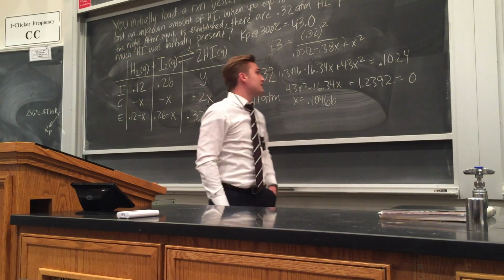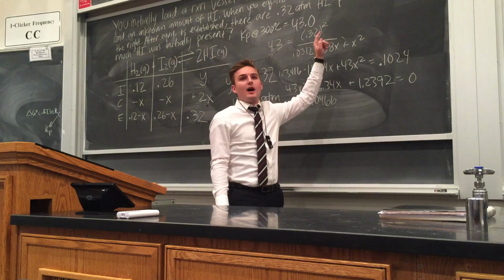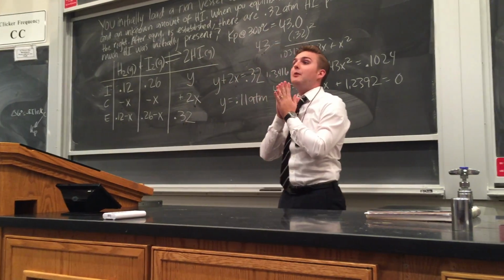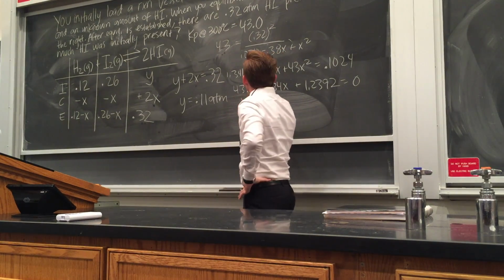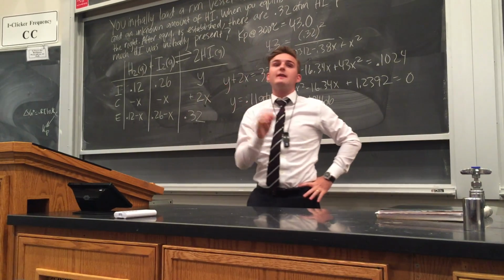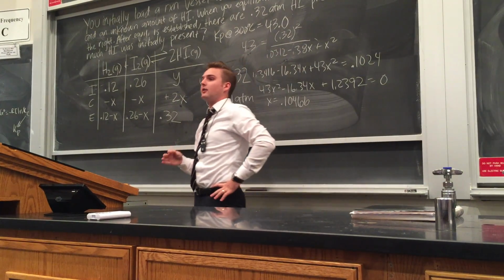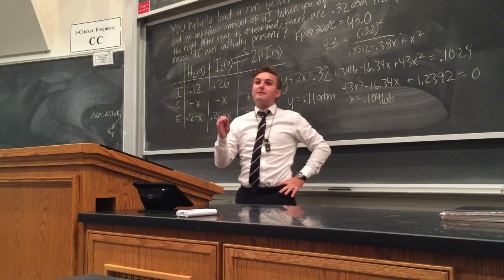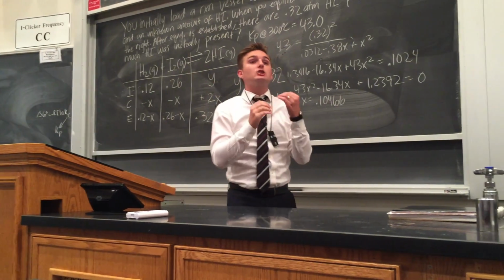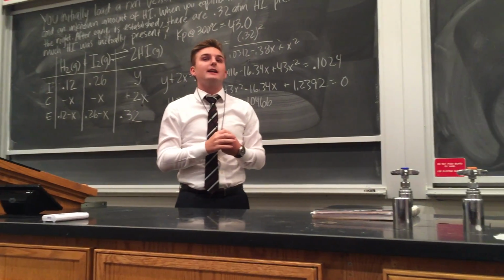The second piece is forgetting to square it as well, right, in the equilibrium expression. So that's really important. I would add as well, Corbin here was able to do this with the solver. How many of you, by a raise of hands, are using your solver in your calculator? Almost everybody. And I couldn't really tell if people weren't raising your hand. It's totally cool if you're still doing the quadratic equation.